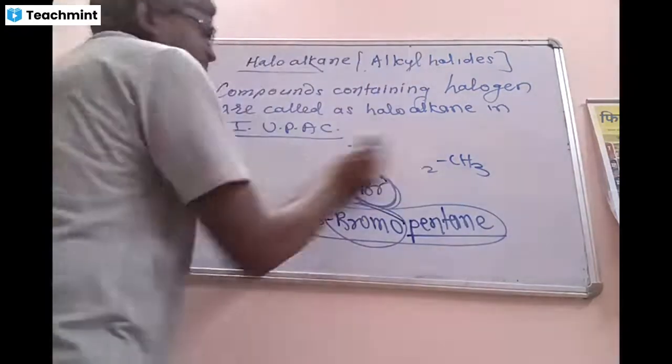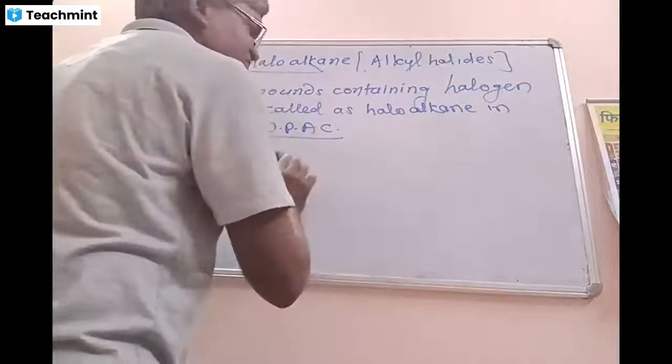So what are you doing? You are selecting the longest chain containing halogen.